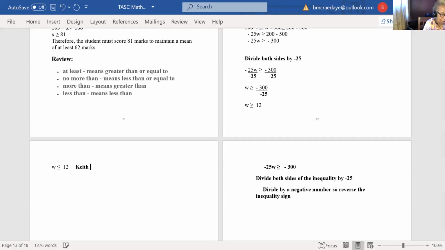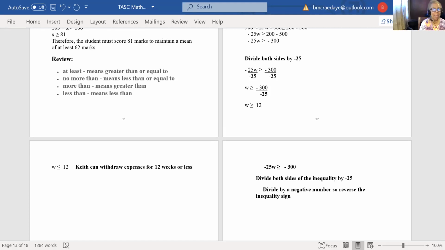Keith can withdraw expenses for 12 weeks or less, right?